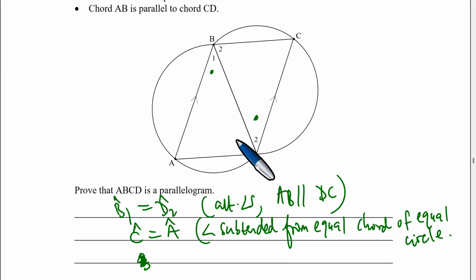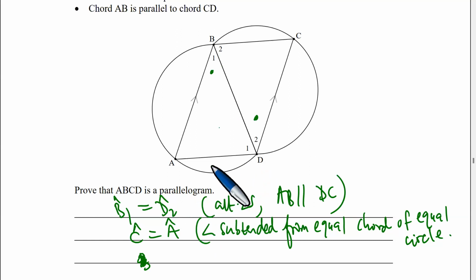So now to prove it's a parallelogram, you would need first two angles that are equal, because you mentioned that angle A equals angle C. Did you say that? Yes, sir.